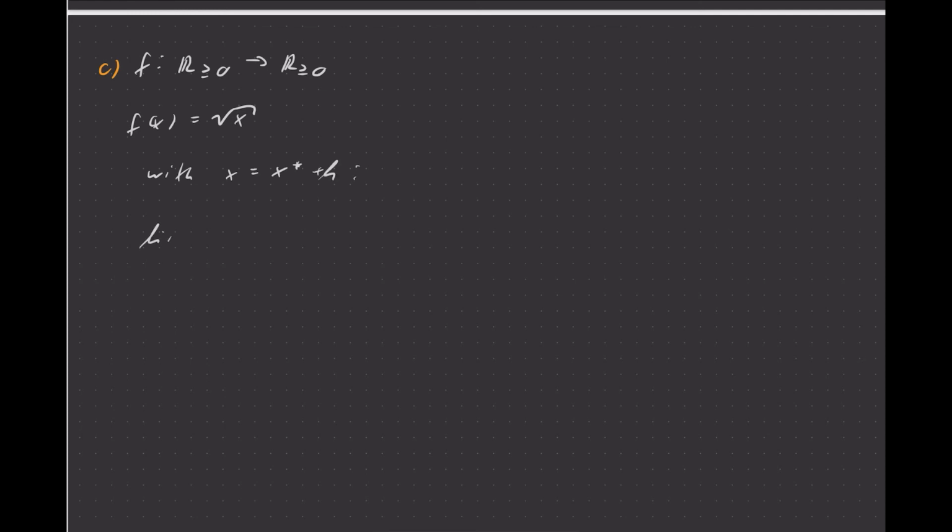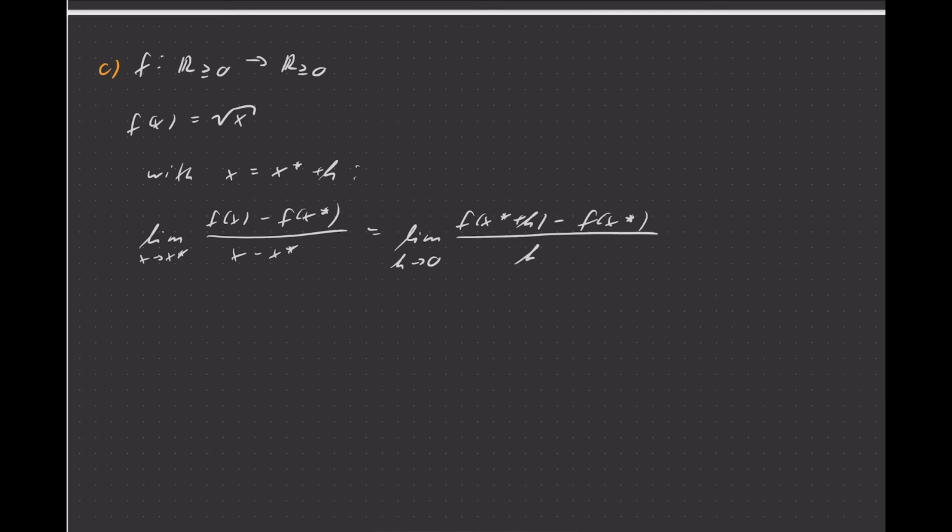And we'll obtain the limit as x tends to x star of f of x minus f of x star divided by x minus x star, which is the limit as h tends to 0 of f of x star plus h minus f of x star divided by h. You remember that from our first example.